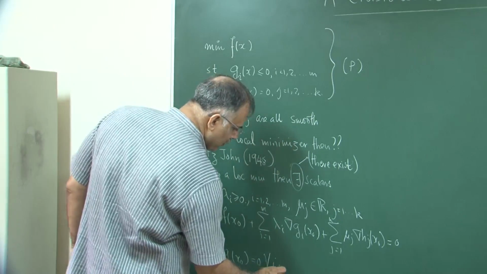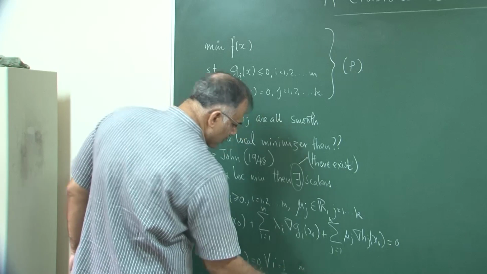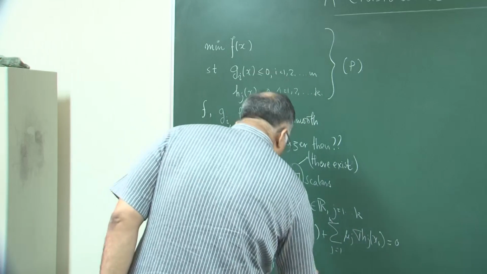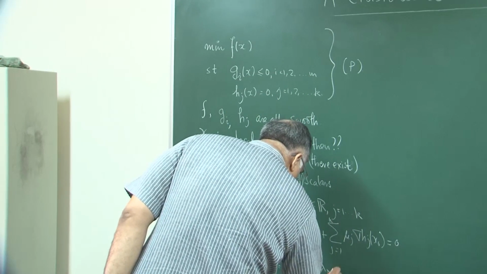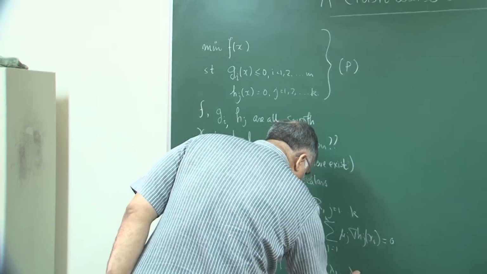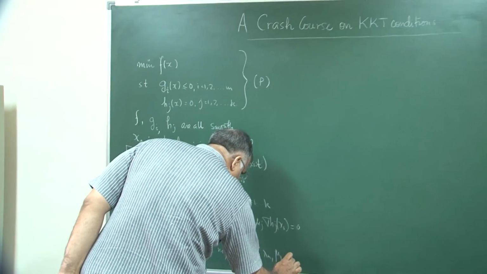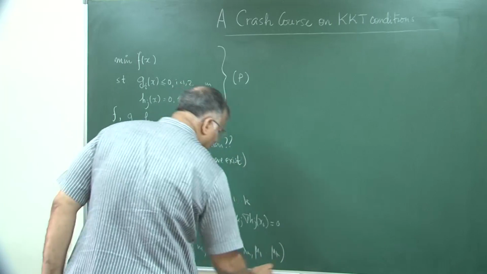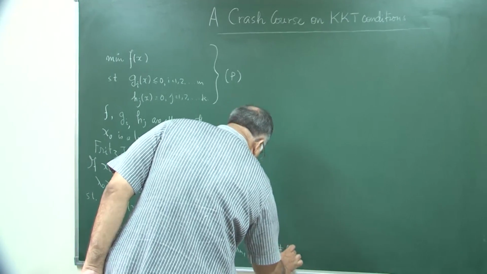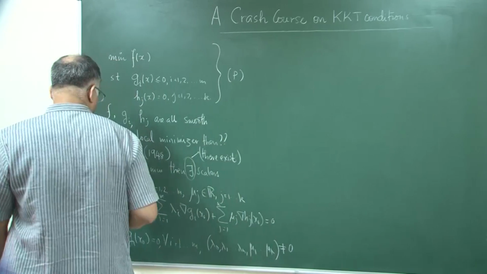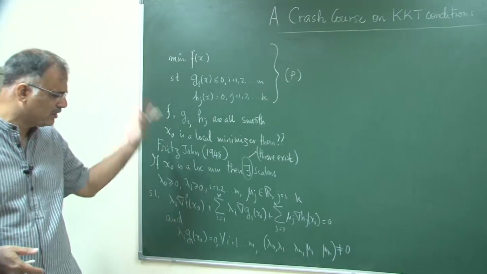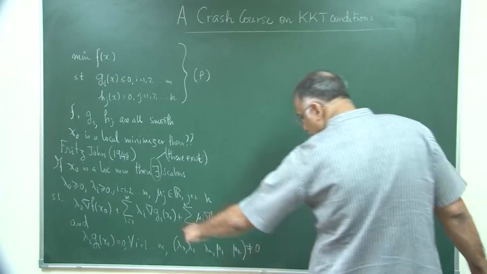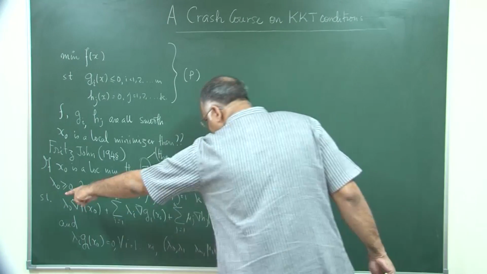This is the standard optimality condition, and lambda naught, lambda 1 to lambda m, mu 1 to mu k, this full vector cannot be a zero vector, meaning all of these cannot be simultaneously 0. If all of these are simultaneously 0, it obviously satisfies this condition. So, you have to find a vector where they are not all simultaneously 0 and they satisfy this.